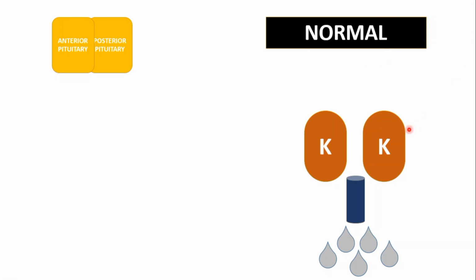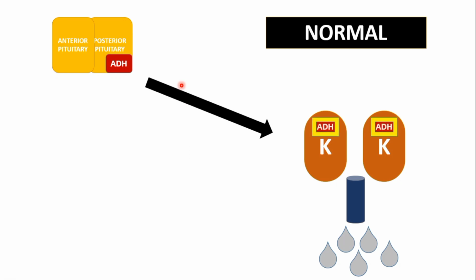Whenever our body thinks that we need to save some water, probably we are dehydrated, the posterior pituitary sends the ADH, that is antidiuretic hormone, to the kidneys, and there it attaches to its receptors and reduces the water loss. Diuresis means loss of water. Antidiuresis means preventing the loss of water. So normally kidneys cause diuresis and antidiuretic hormone comes to save some water.